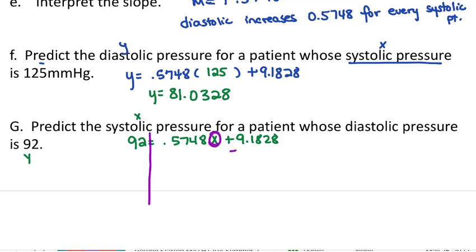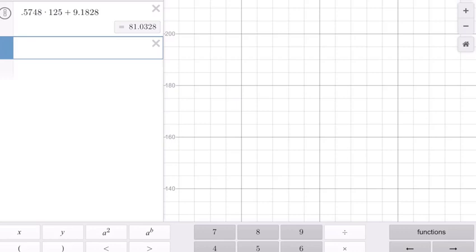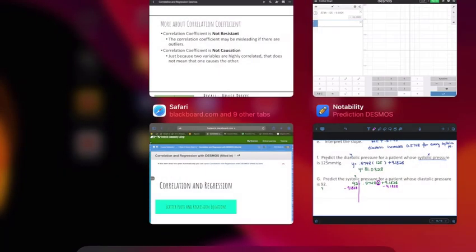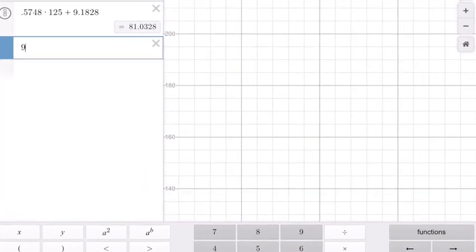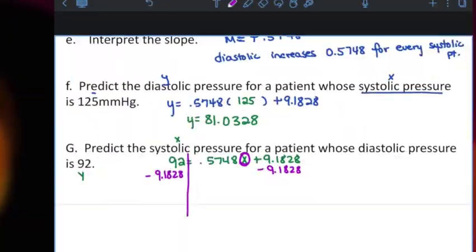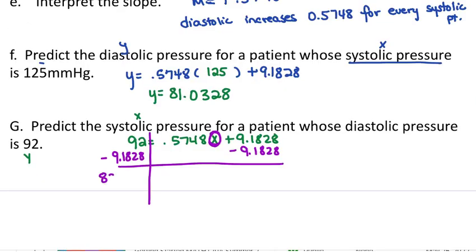So we have to go backwards. Remember, we want to get rid of anything we're adding first. So we'll do the opposite, which is subtract 9.1828. So 92 minus 9.1828, and we get 82.8172 equals 0.5748x.